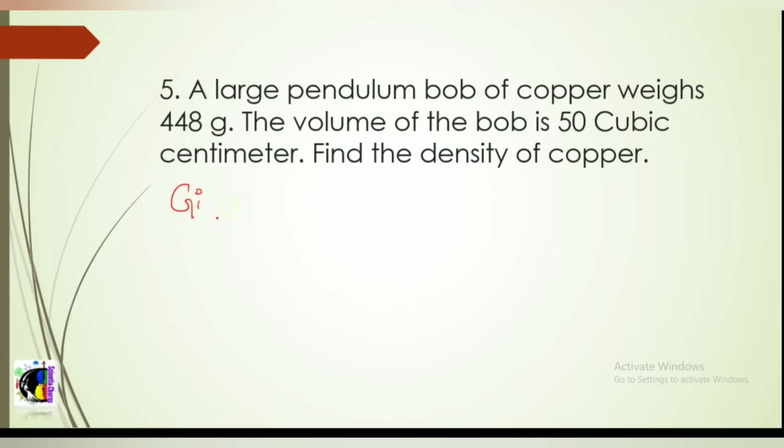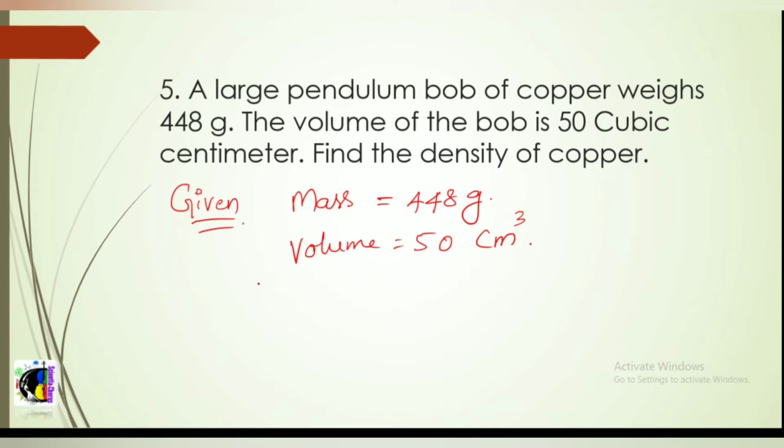So the given data, the mass of the pendulum bob of copper is 448 gram, and the volume is 50 cubic centimeter. I'm writing it in this way. Find the density. So density is equal to, you know, mass divided by volume.